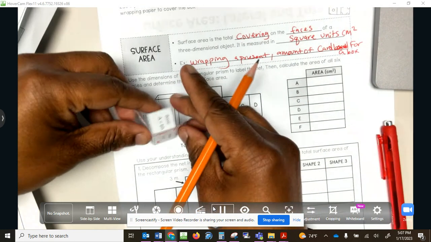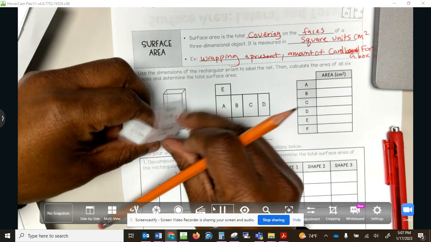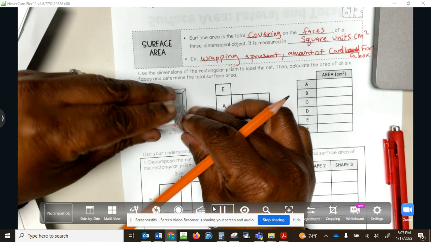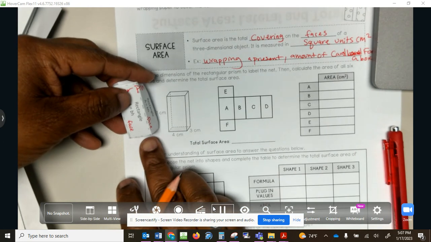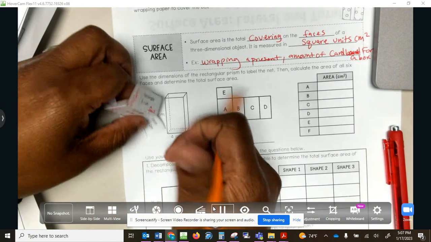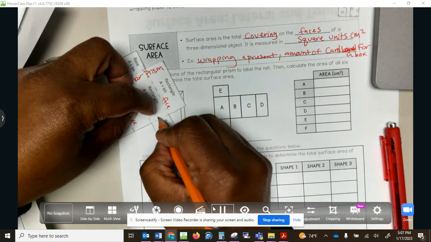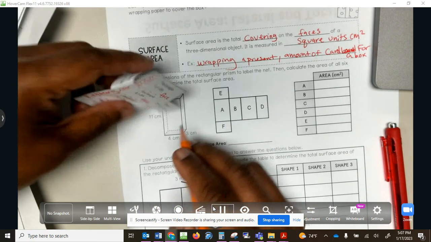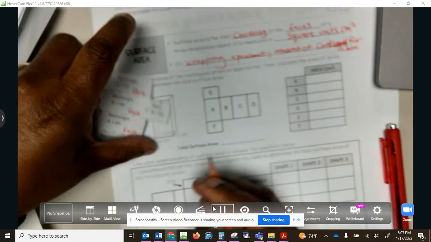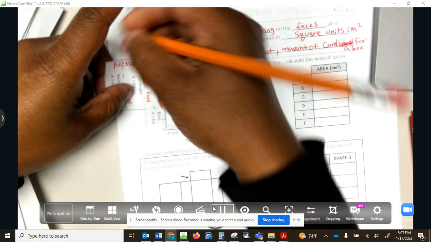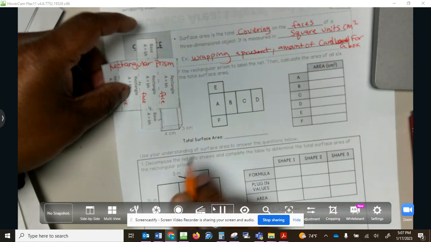So if I have my shape assembled, I will see that I have a rectangular prism that looks just like this one. This right here is 4. So I'm going to write 4. And then according to the picture, this side will be 3. And then there's 11.